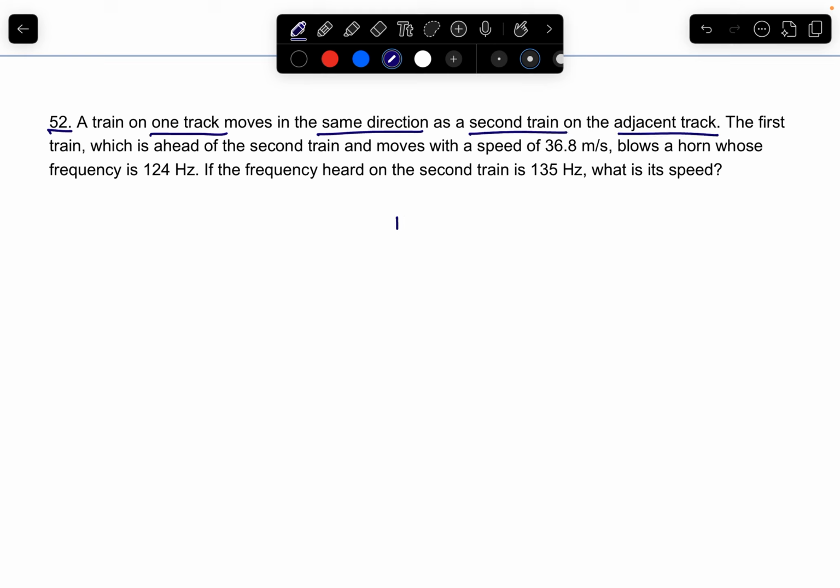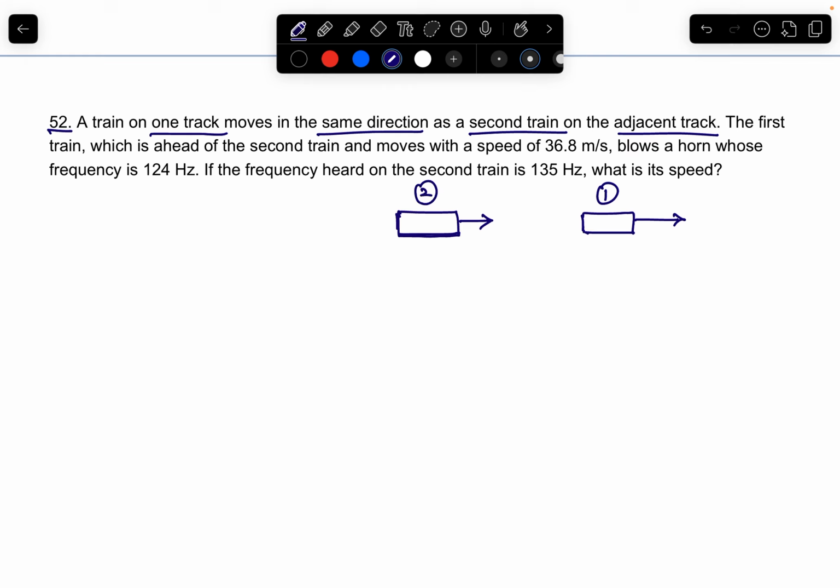So again, we have two trains, and the speed of both these objects is in the same direction. So this is the first train, which is ahead of the second train. So this is train number 1 and this is train number 2.